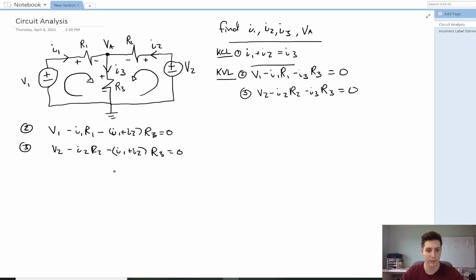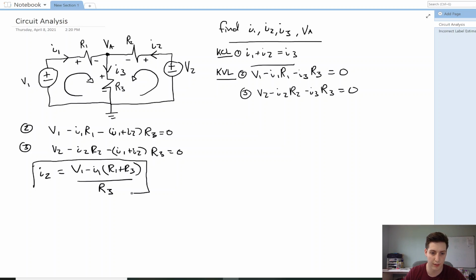So from there, we have two equations and two unknowns, I1 and I2. We can easily solve for either one of them. In this case, we will do I2. So this will be what the current is for I2.